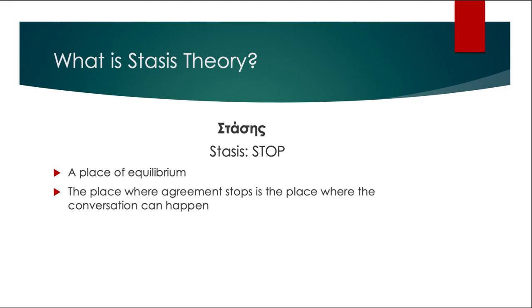It's a place of equilibrium, and it's also a place where the conversation can happen, because when the agreement stops, we can actually start to have an argument or a conversation about a topic. Stasis theory helps you get to the point in your research where you can begin to add to the conversation instead of simply repeating what's already been said and agreed upon.